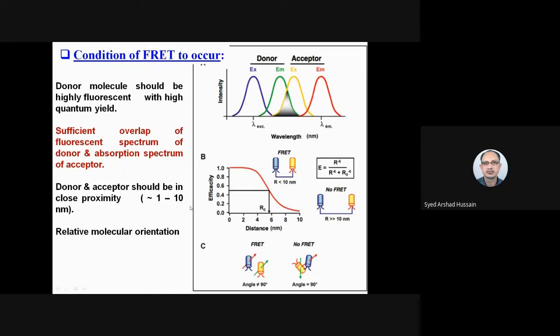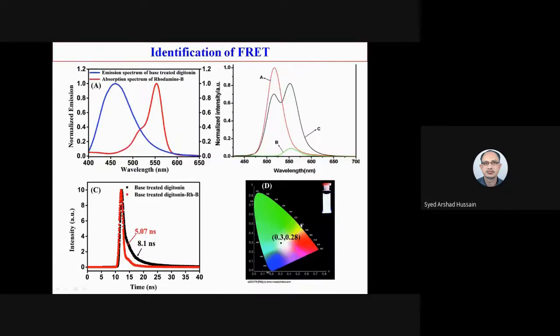That means it's a distance dependent phenomenon. So if the distance changes, the extent of energy transfer changes. This gives the idea that FRET can be used to learn about molecular level interactions and the molecular environment. Also there should be sufficient overlap between the donor emission and acceptor absorption. And relative molecular orientation in the mixture is also important. All these factors affect the extent of energy transfer.